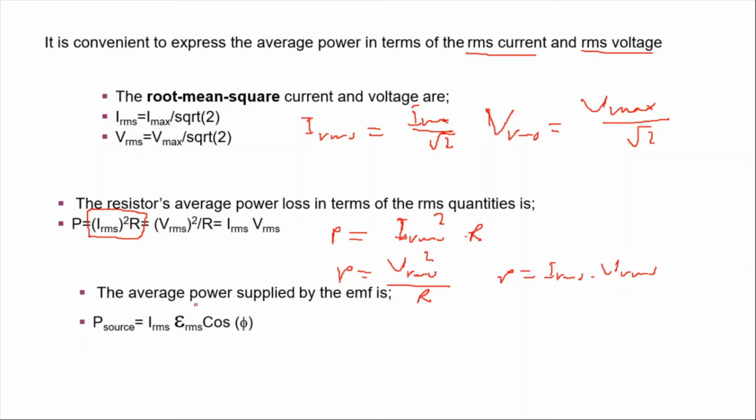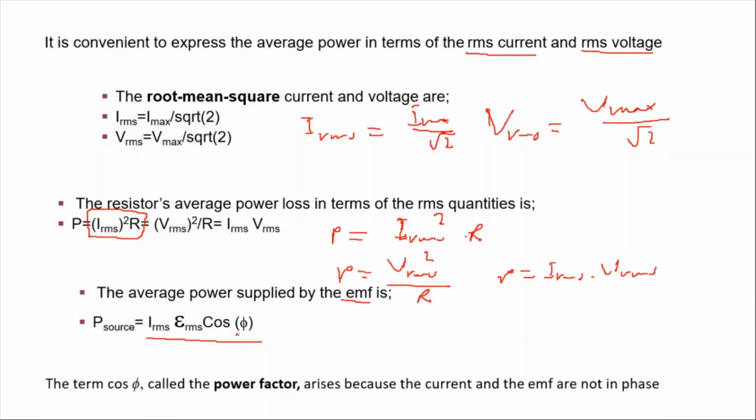And the average power supplied by the electromotive force, I mean the average power of the source, we are going to calculate it with this formula. I'm not going to be interested in the derivation of the formulas, but please note that the power of the source will be calculated by I RMS times E RMS times cosine phi, and this cosine phi is called the power factor.